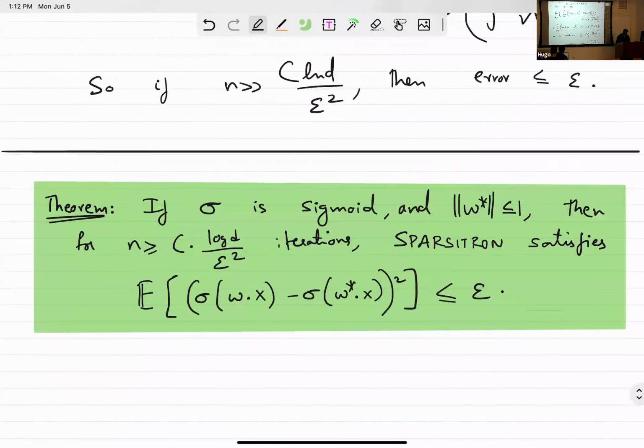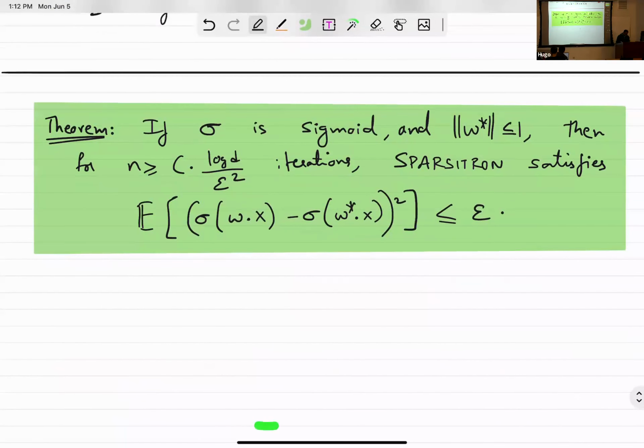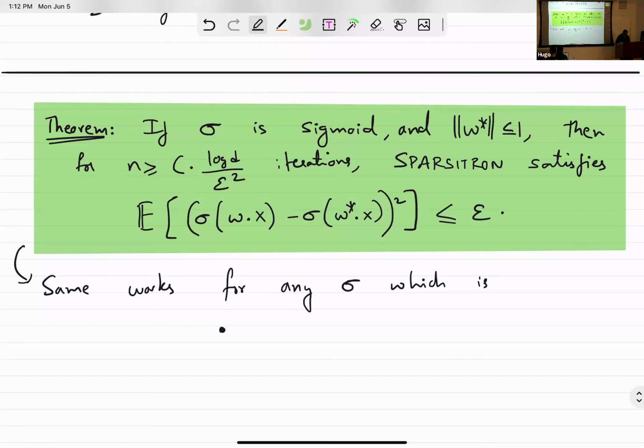So we're not going to do it, but the same works for any sigma which is bounded between -1 and 1 and is non-decreasing.